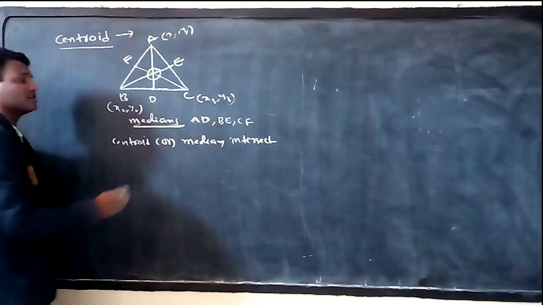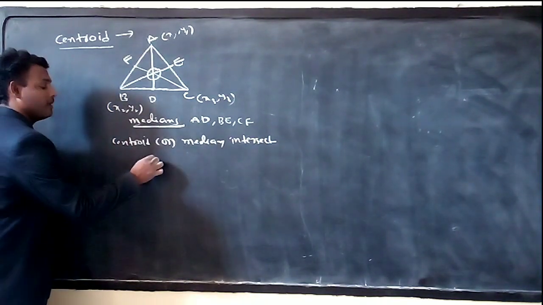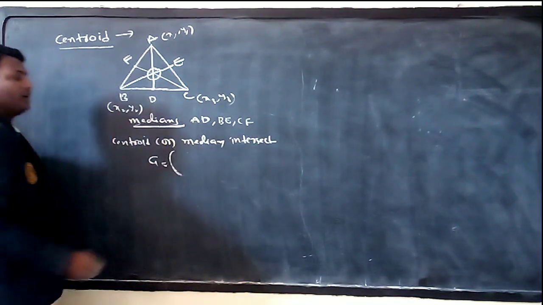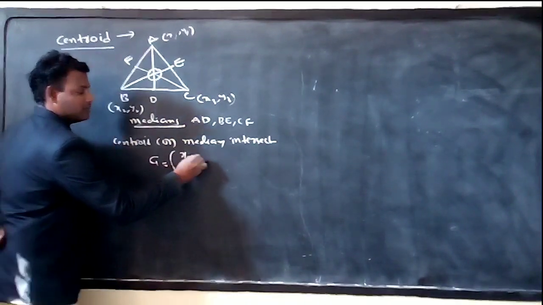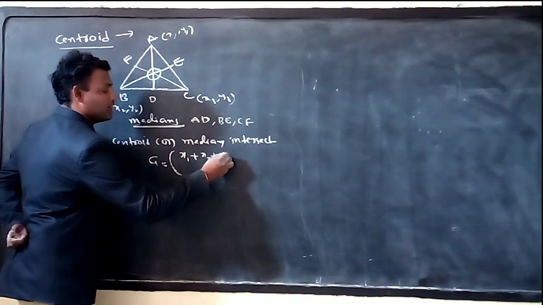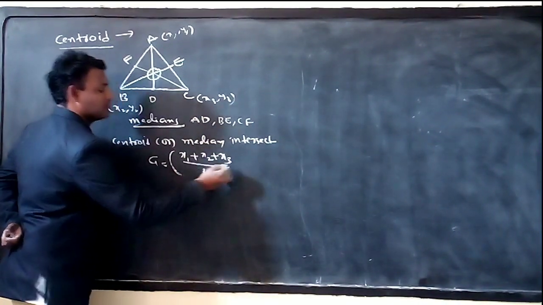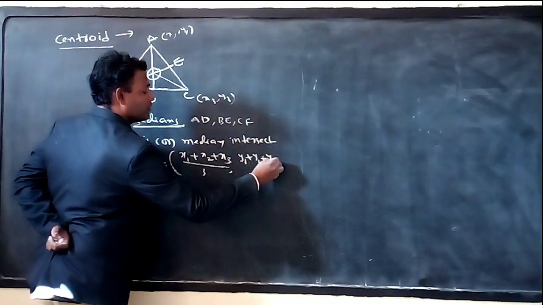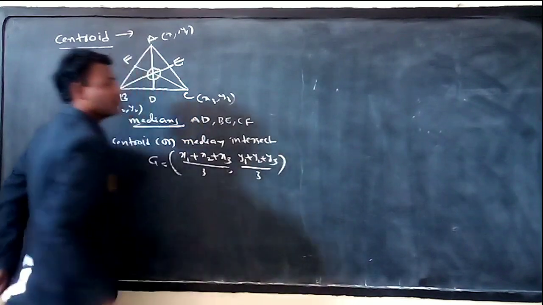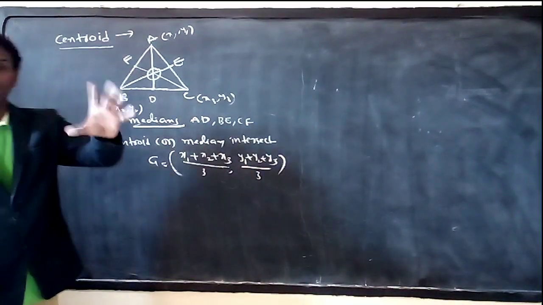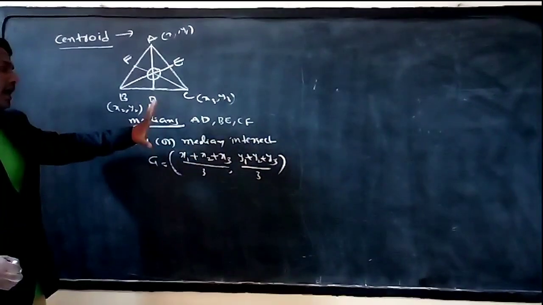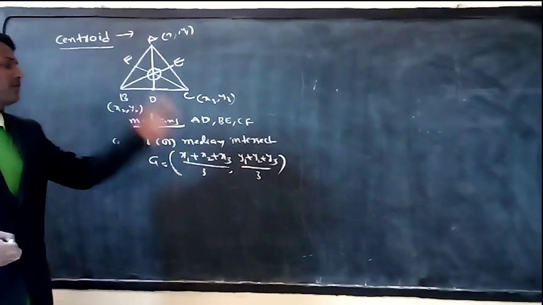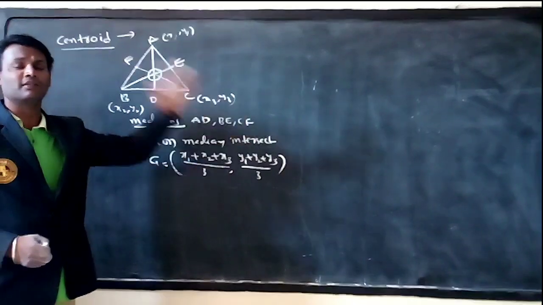To find the centroid, we have one formula: G is equal to (x1 plus x2 plus x3) by 3 comma (y1 plus y2 plus y3) by 3.